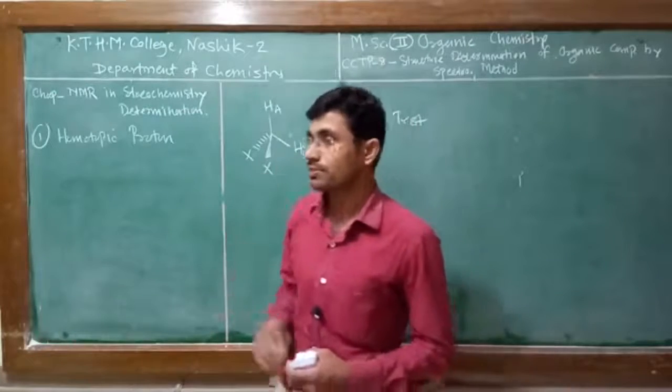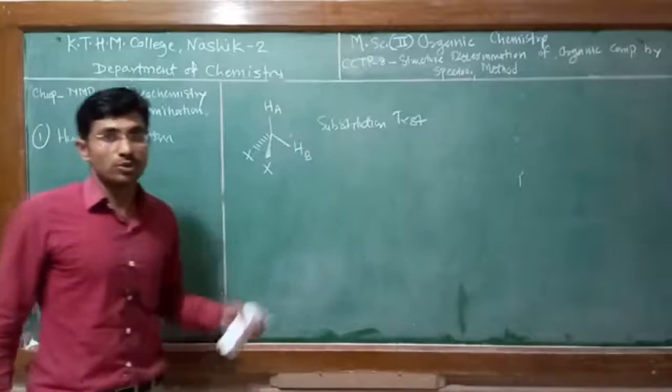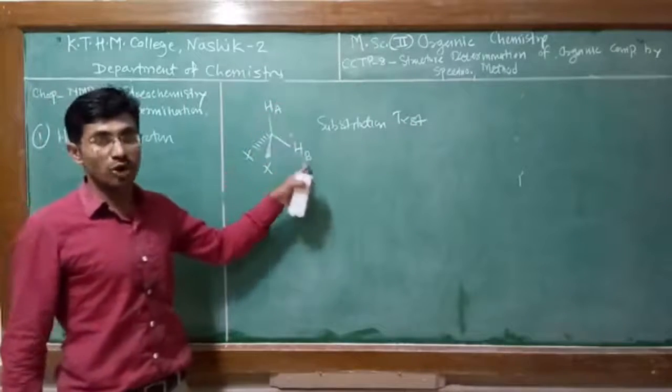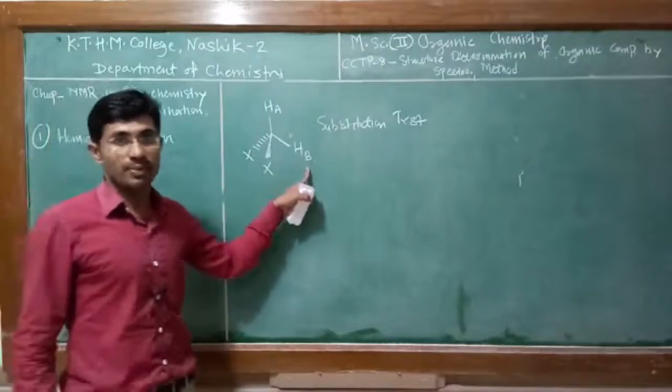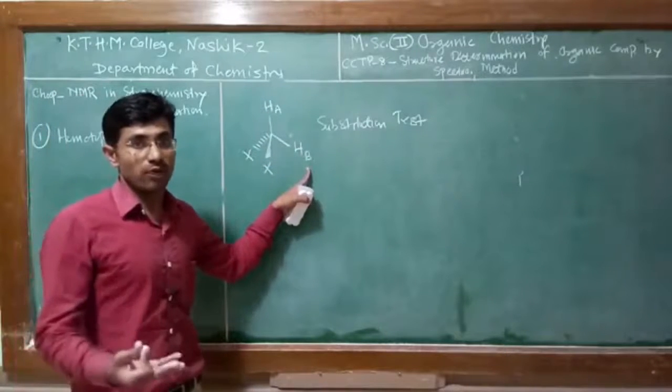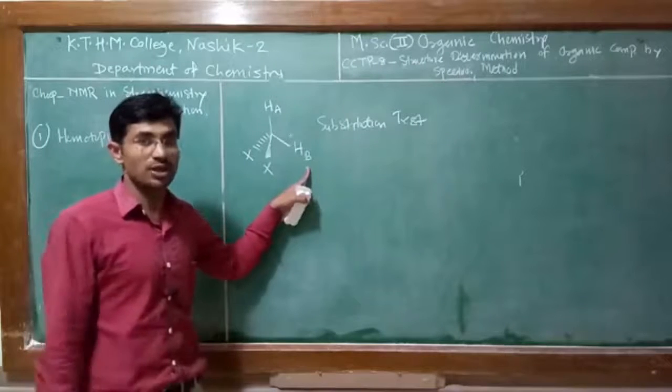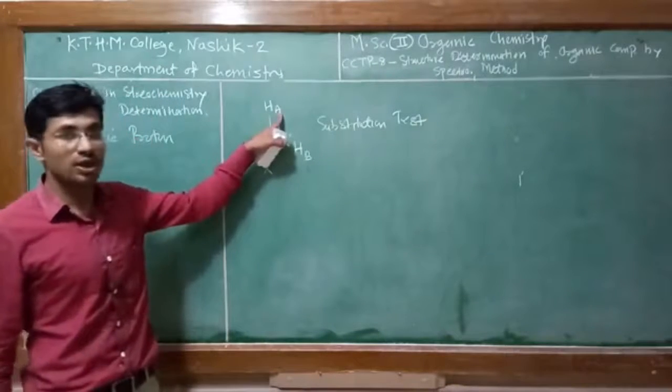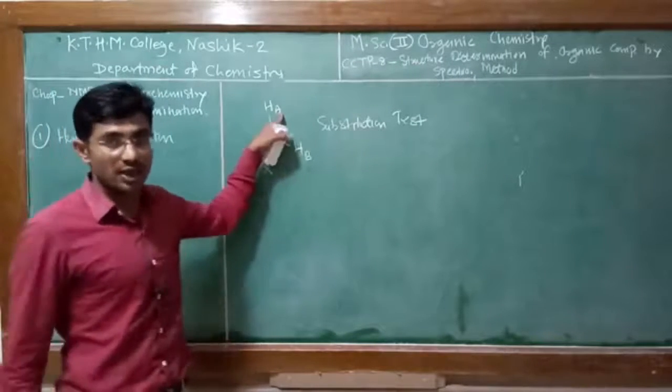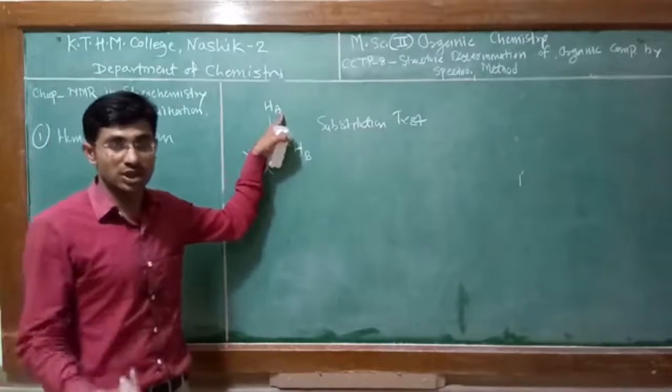In this test, out of the two protons, we replace one by a different group. Firstly one proton is replaced by a different group, then we see the resultant new structure.